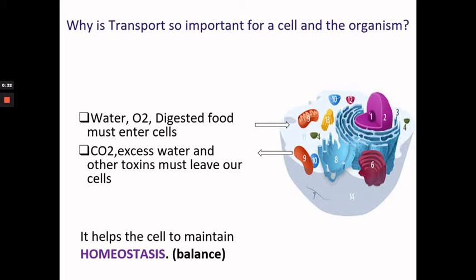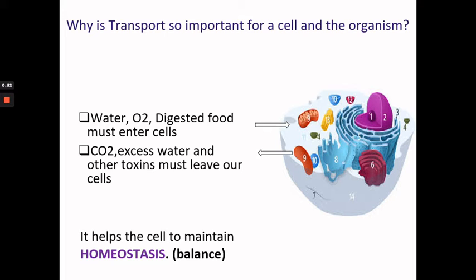The simple reason is that the cell has to stay alive, and before it can do that, it needs some things to use. For example, we have water or oxygen or glucose, which the cell will use for energy to stay alive.